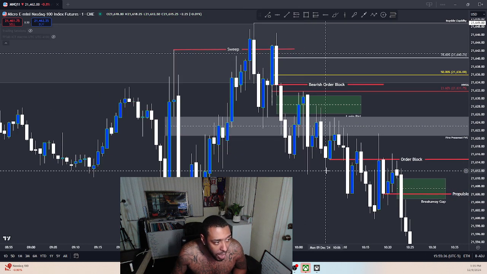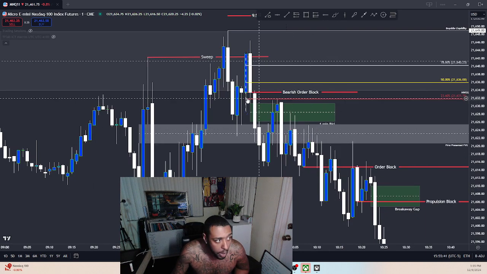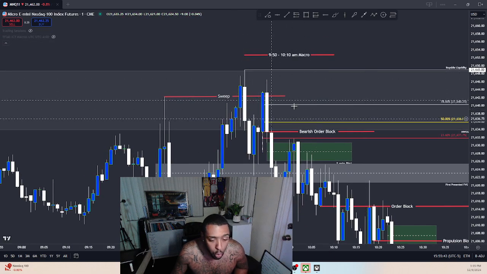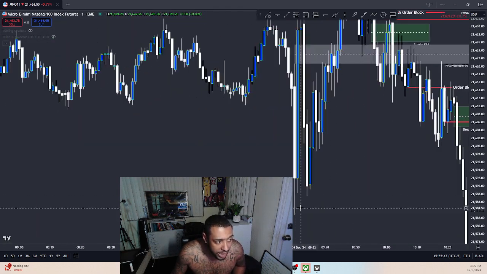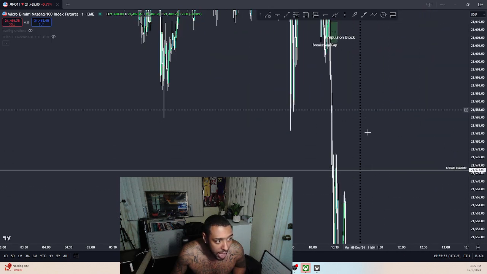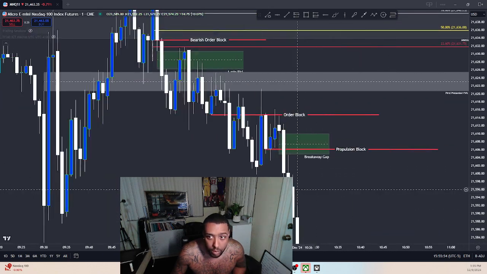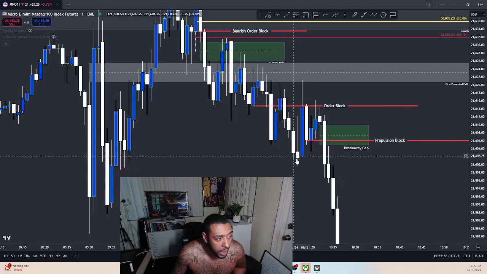Displaced lower, now it's down here, right below the first presented fair value gap, below a new week opening gap, right below the midnight open, targeting these sell sides, because we have relative lows down here and we have sell side liquidity down here also.